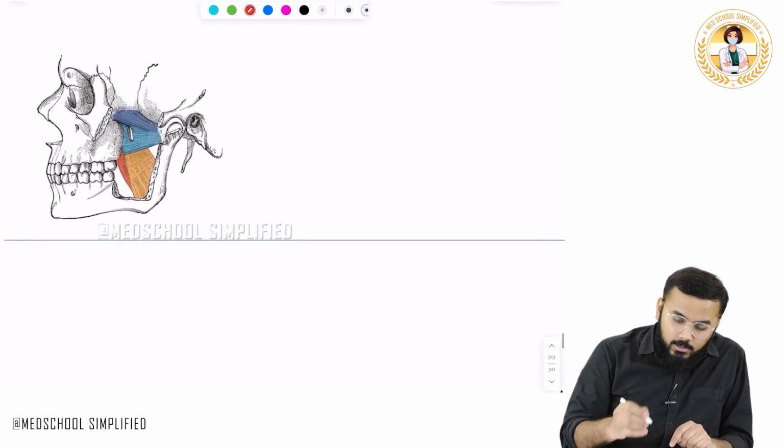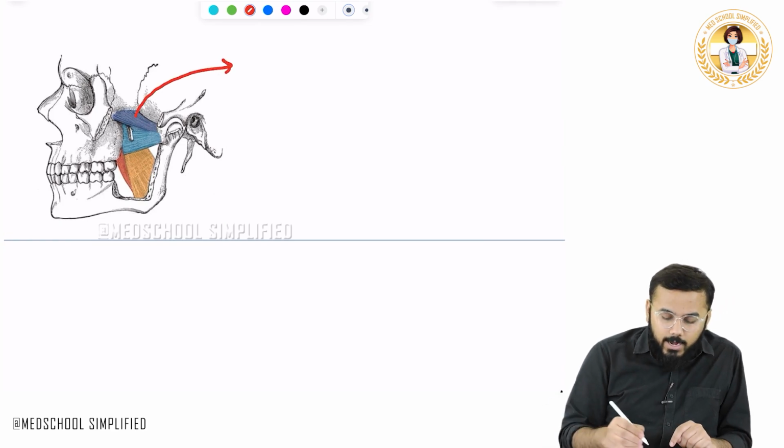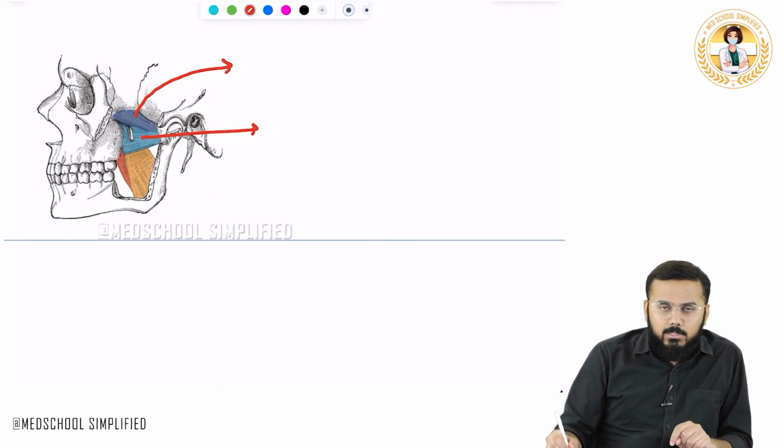For example, you can very clearly look at this muscle over here, and you can also very clearly look at this muscle. These two are called lateral pterygoid muscles. One lateral pterygoid is on the top, one is on the bottom.